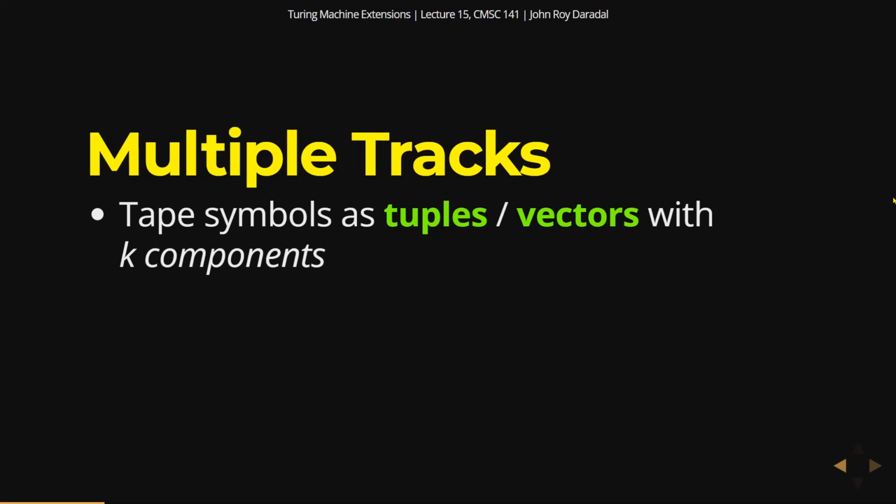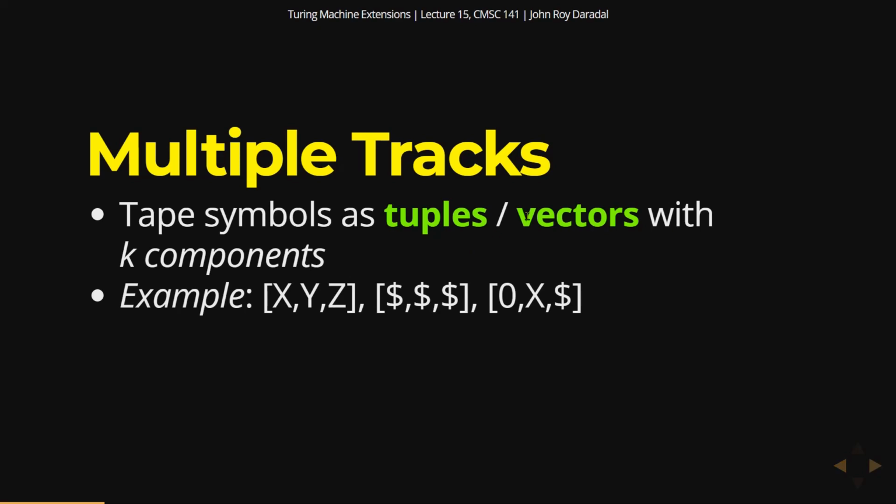To simulate having multiple tracks, the tape symbols are written as tuples or vectors with k components, and that would make it appear as if you have k tracks. For example, if you have x, y, and z, then x would be on the first track, y on the second track, z on the third track, and so on.